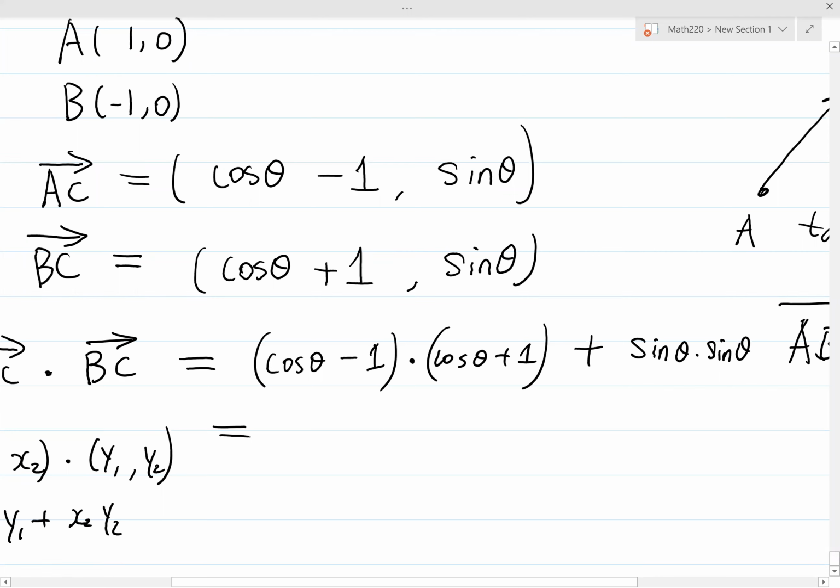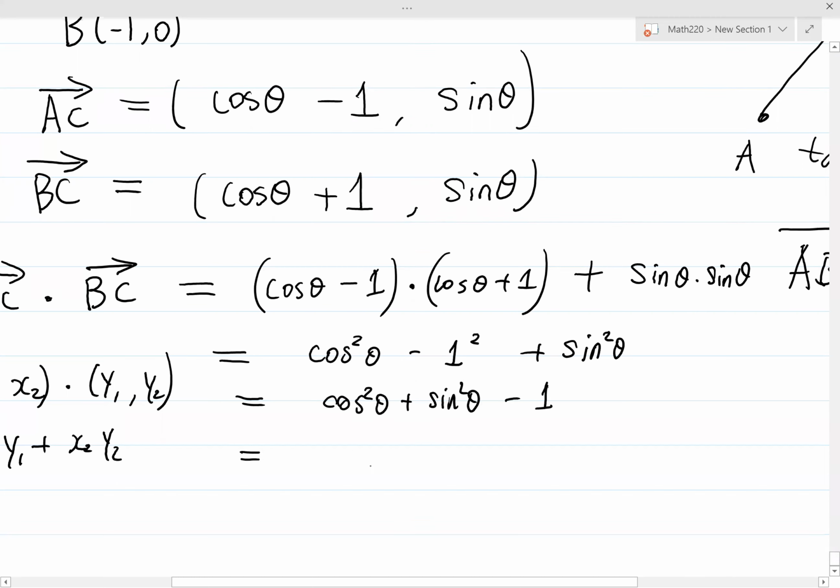Then use the difference of two perfect squares. You get cosine squared minus 1 squared, plus sine squared. We know sine squared plus cosine squared is 1, so it's 1 minus 1, which is 0. So the dot product is 0.